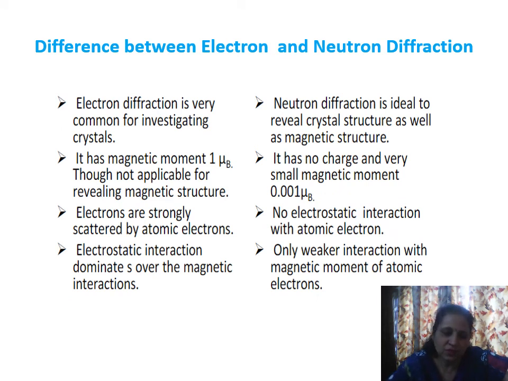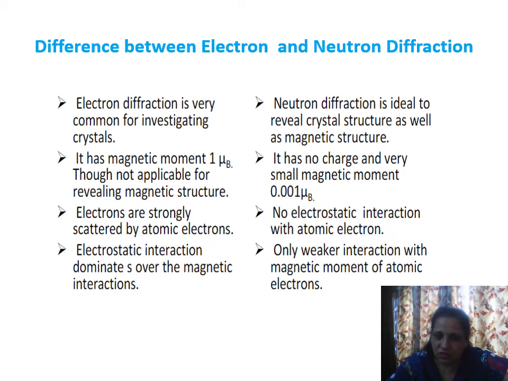And a probable question that can be asked in the exam: what is the difference between electron and neutron diffraction? Electron diffraction is very common for investigating crystals. Neutron diffraction is ideal to reveal crystal structure as well as magnetic structure.